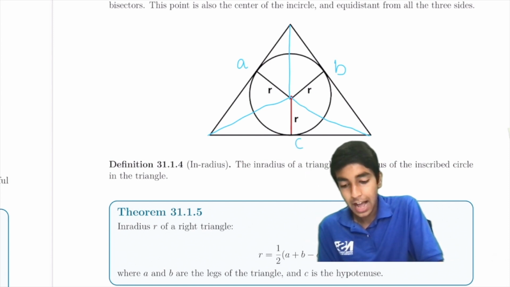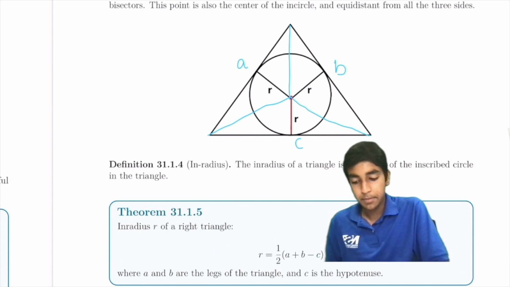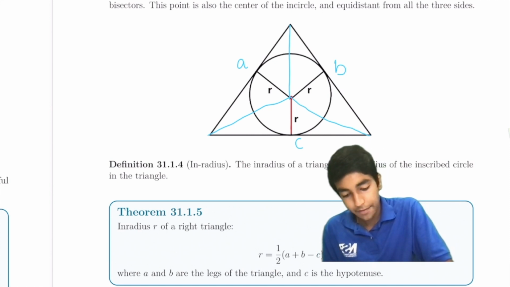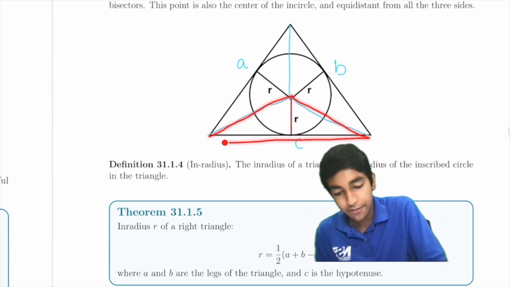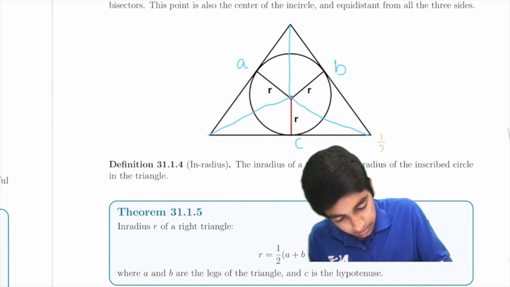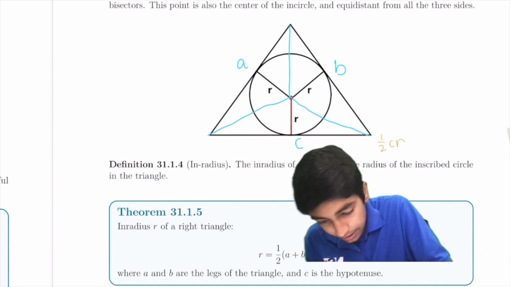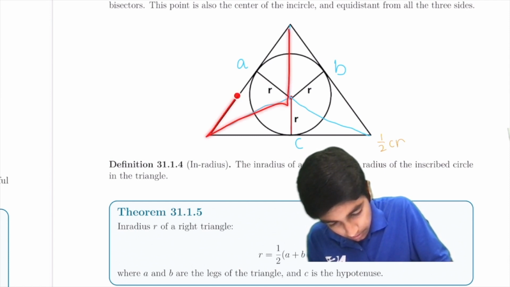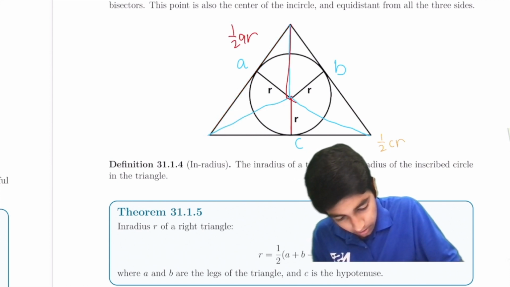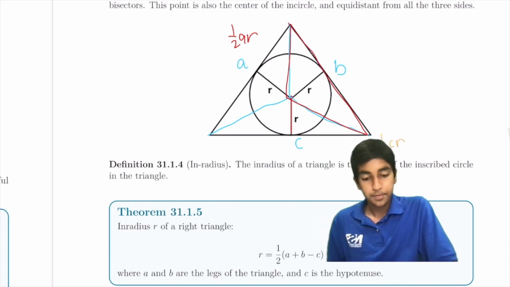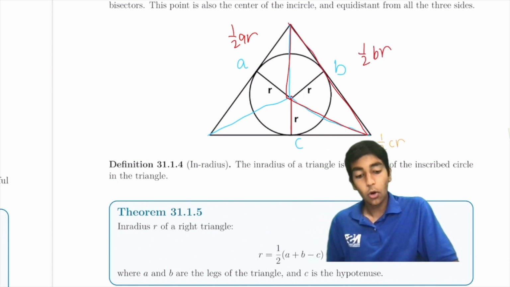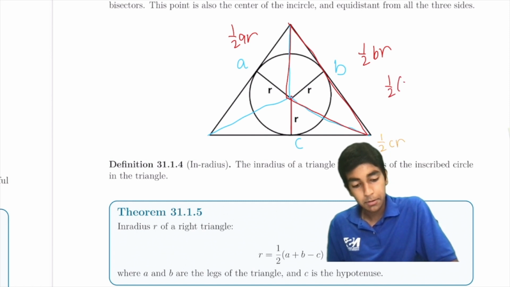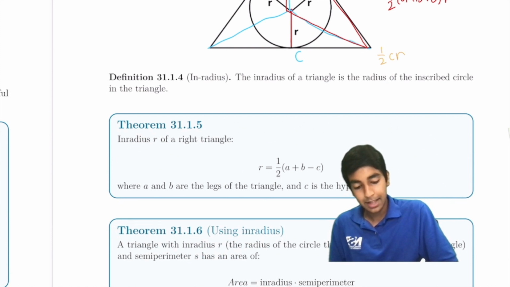Using our standard half base times height formula, we have the area of this triangle is half c r, the area of this triangle is half a r, and the area of this triangle is half b r. So the overall area is half times (a plus b plus c) times r. And that's why it's inradius times semi-perimeter.